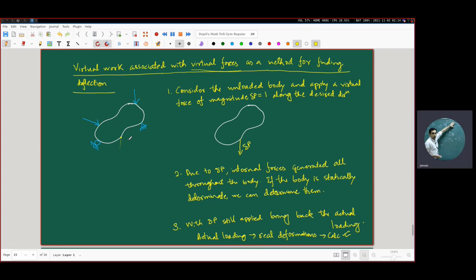Now, the way that you have started solving this problem is by taking a delta P along that direction. So when you are finally calculating the work done, you are supposed to multiply this delta P with the deformation which is taking place along its direction. But that deformation is nothing but this delta which you are intending to find out.